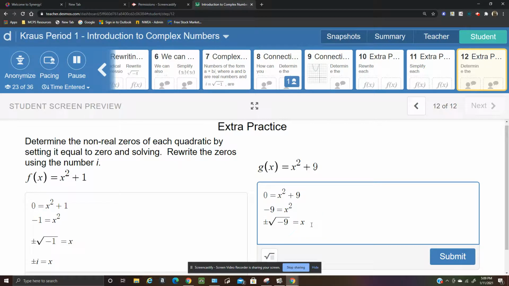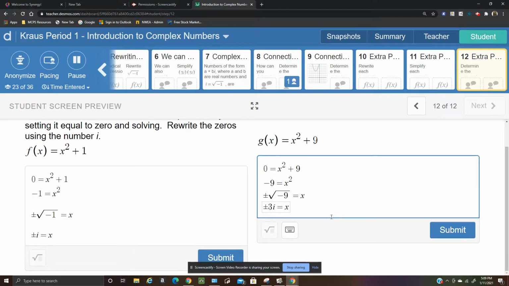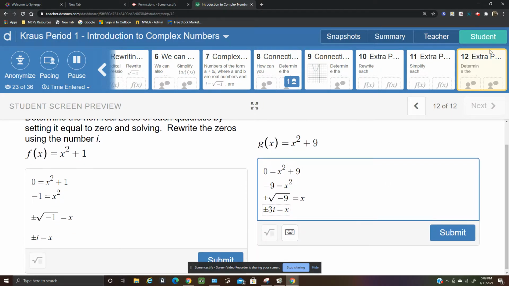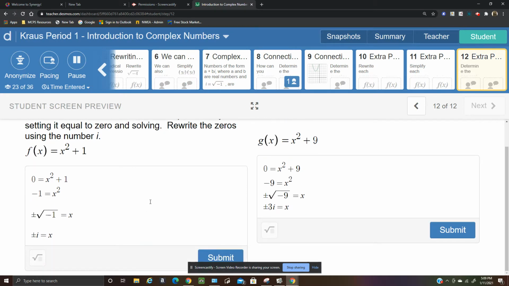And the square root of 9 is 3. And pulling your i out, so 3i. So both of these should get pure imaginary solutions. If you graph these, still no x-intercepts. That's it for that activity.